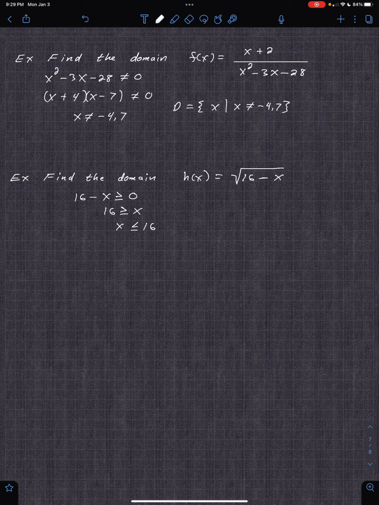And so we would say the domain is equal to the set x such that x is less than or equal to 16. You can graph it, and you just label 16. You include it, so you put a dot, and it's less than. So let's change colors here. Yellow, like that. Then you go to the left. So that's another way of doing it.